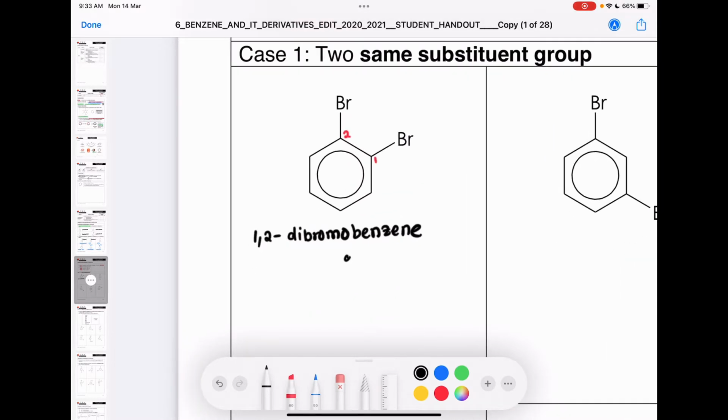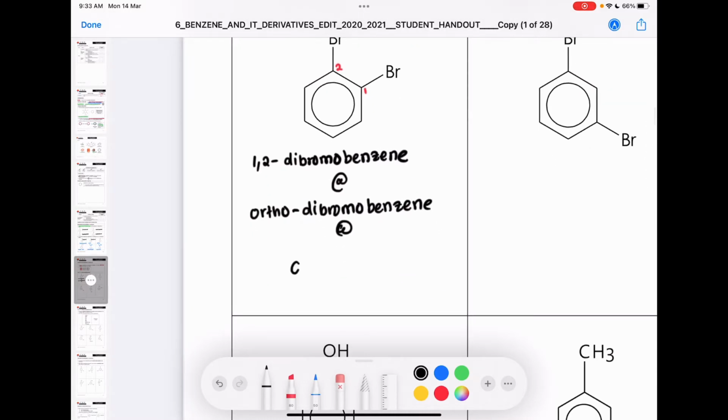So we can also give the name ortho-dibromobenzene, or we can also write O-dibromobenzene. So whenever you see O, you know these are referring to carbon number 1 and carbon number 2, where the bromines are located.